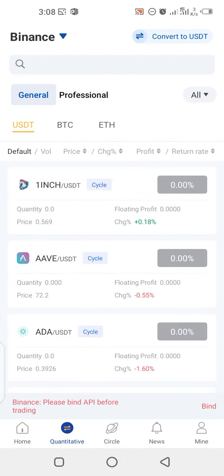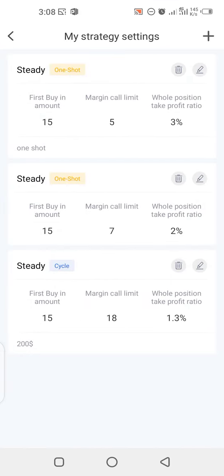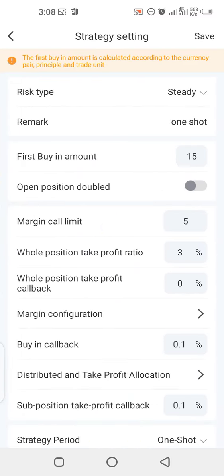I need to log into another. But on the strategy mode, I don't need to open another account now because my video is on, for security purposes. But on the strategy mode, make sure you put in the sub-bin mode.